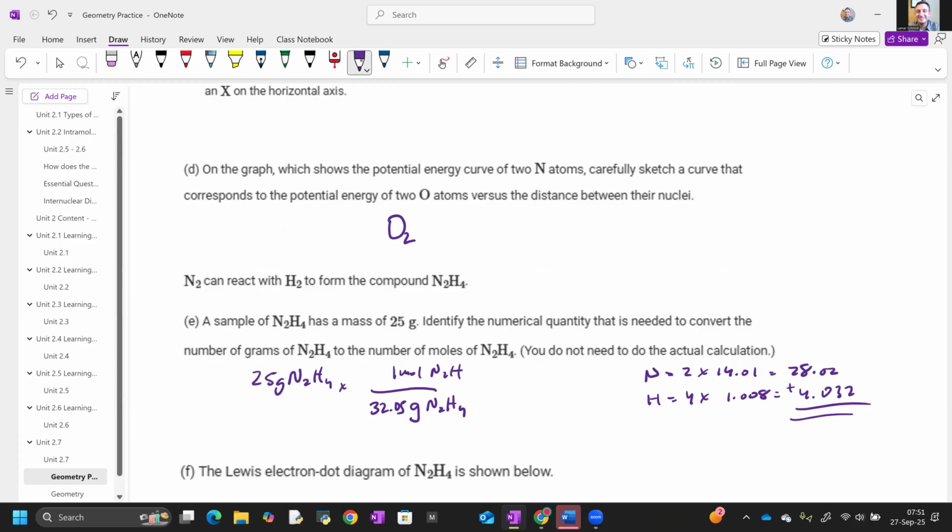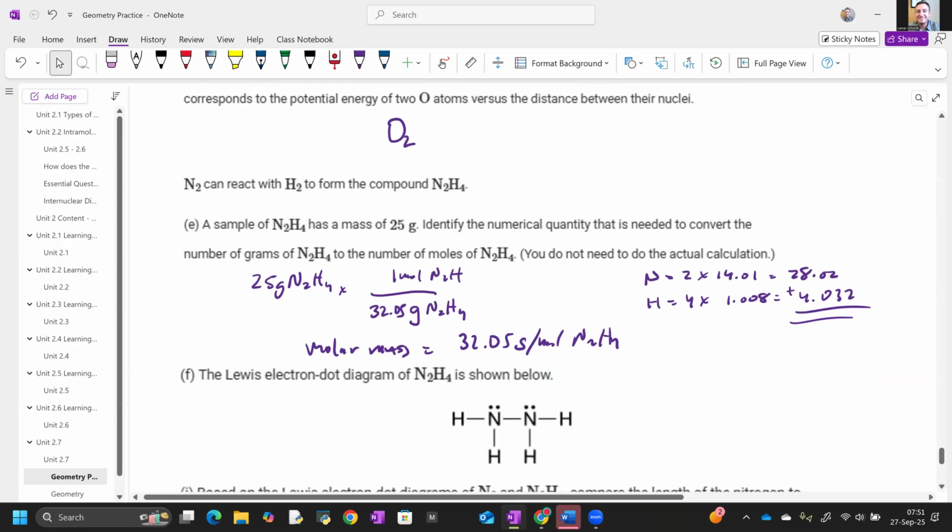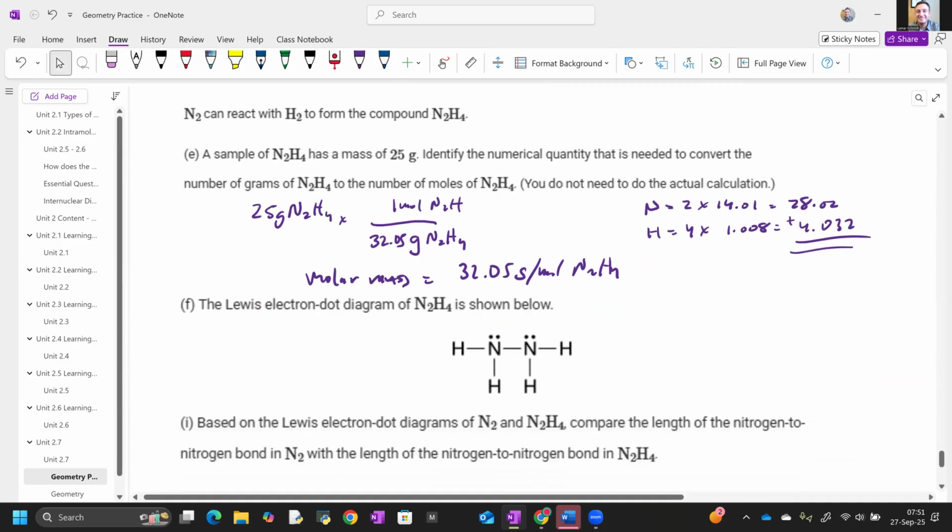All right. And so we could simply then say the molar mass is the answer, and it would be 32.05 grams per mole N2H4. All right, something like that. Maybe my addition is off, but I don't think it is. All right, so we'll move on to the next one.